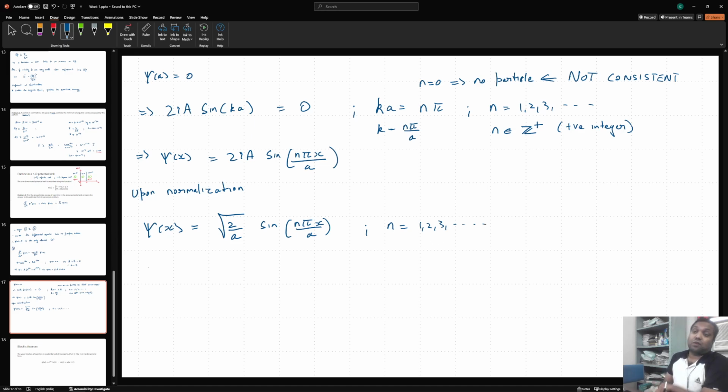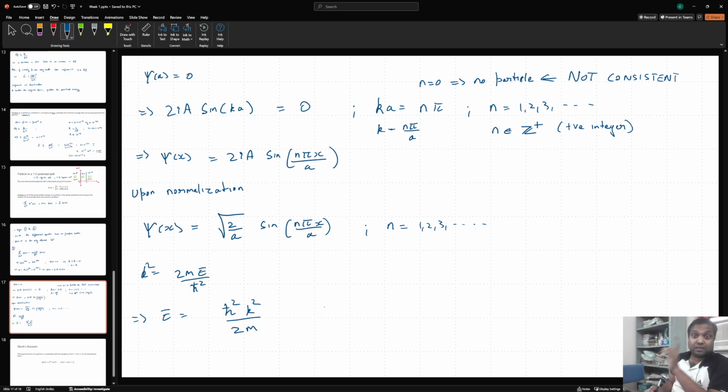Okay, now how do I find the energy values? Now I know k squared is equal to 2mE upon h bar squared, which implies E is equal to h bar squared k squared upon 2m.